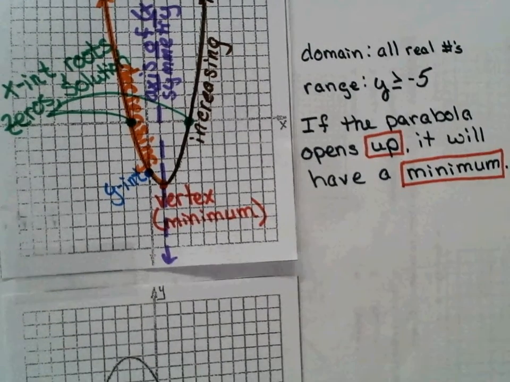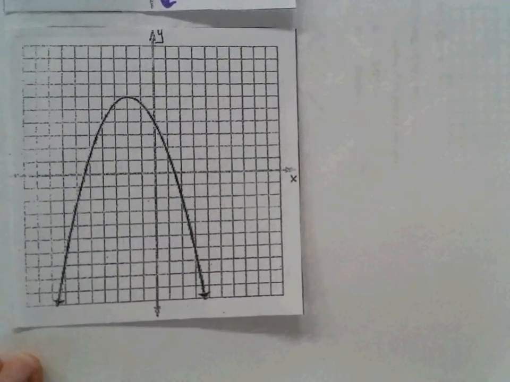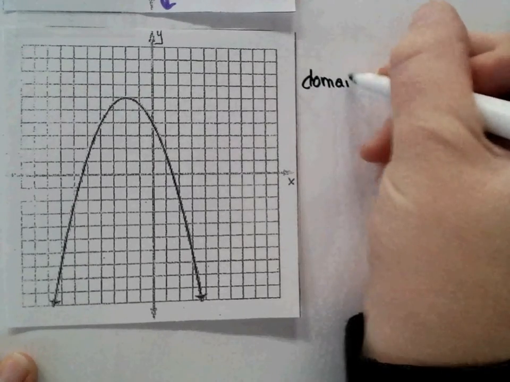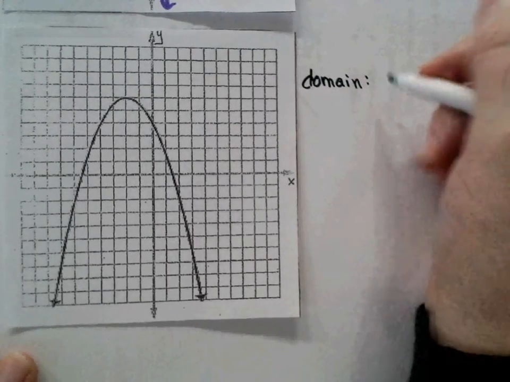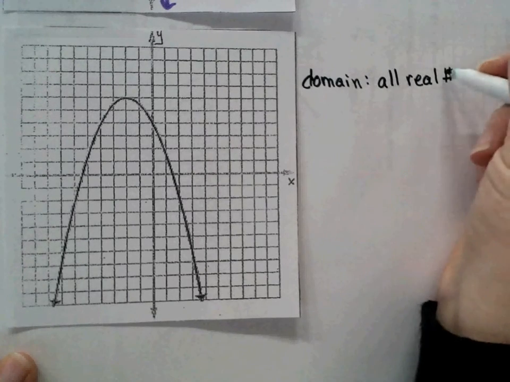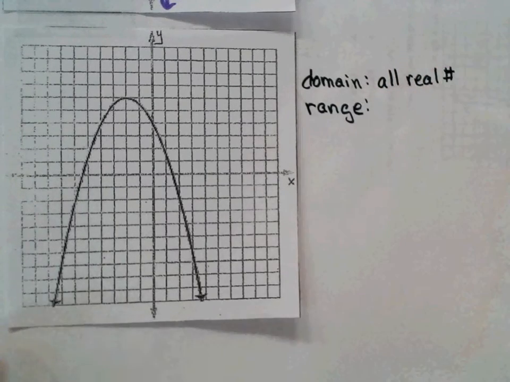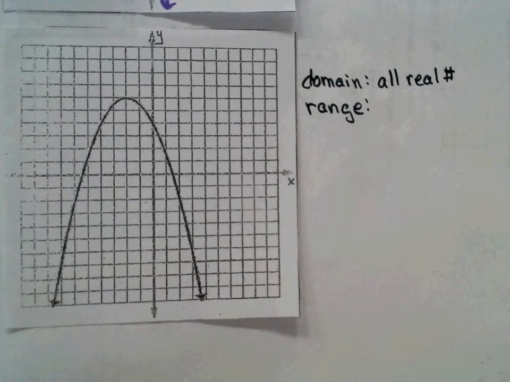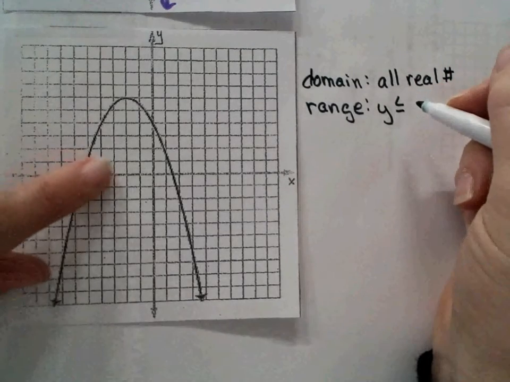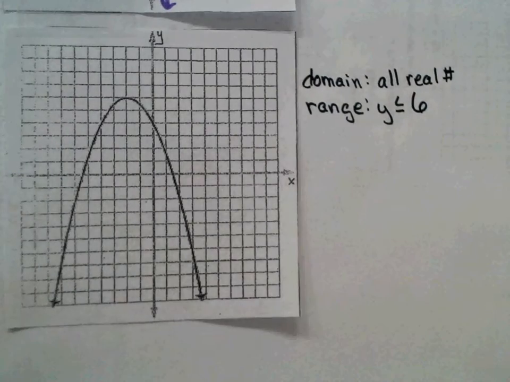Okay? So, if we look at the graph that you should have opening down, let's talk about this. The domain should be domain of all quadratics, all real numbers. The range. What is the range of this? Why is our standard equal to 6? Yes, 6.